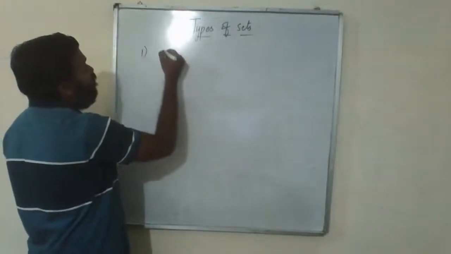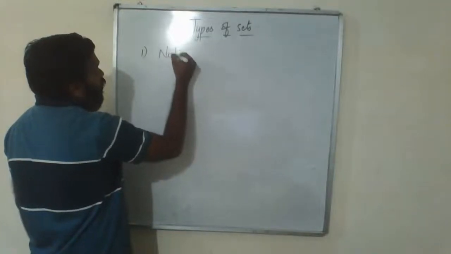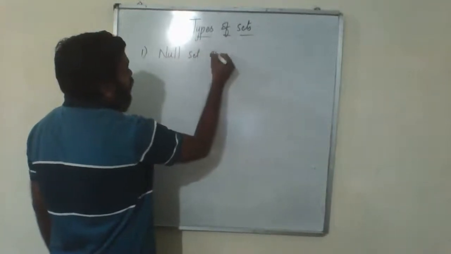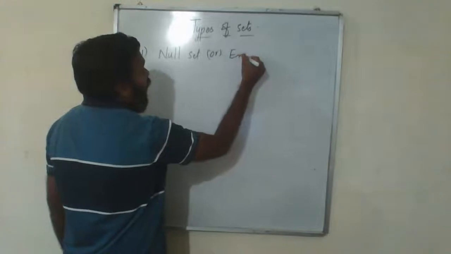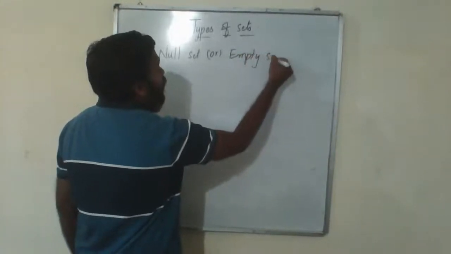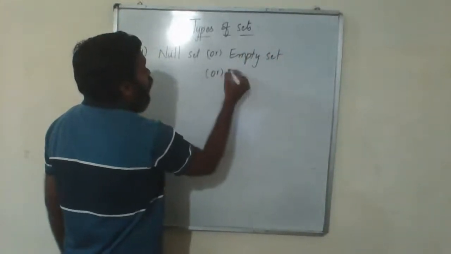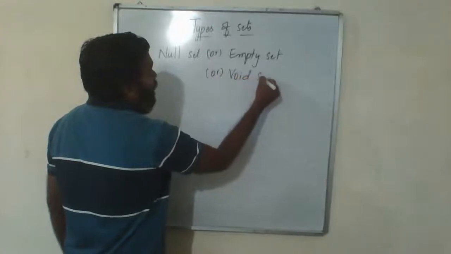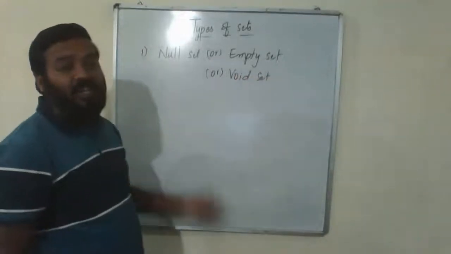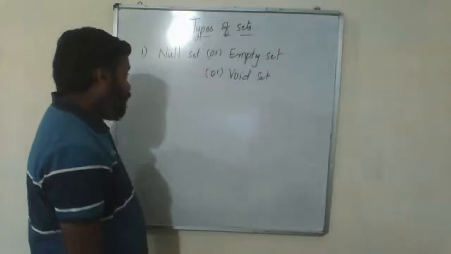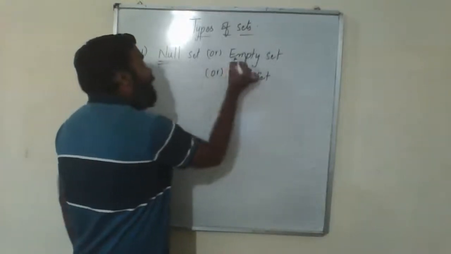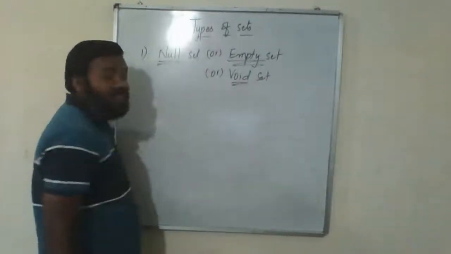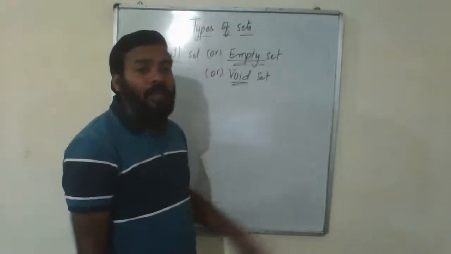The first one is the null set. This is also called the empty set or void set. The name itself suggests that there is no element in the set.